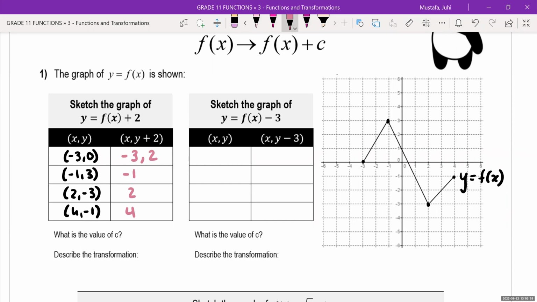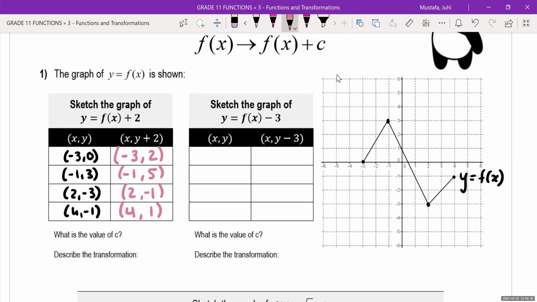For the second one, our y value is a 3. 3 + 2 is 5. For the next one, -3 + 2 is -1. And for the last one, -1 + 2 is +1. So these are our brand new coordinates. And when we graph them, we should see our entire graph. It should retain the shape of the original function, but every single point should move up 2 units.